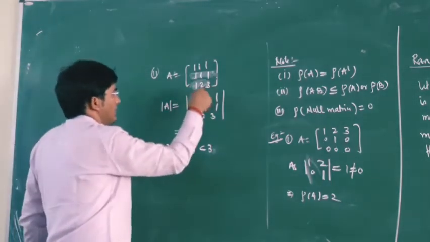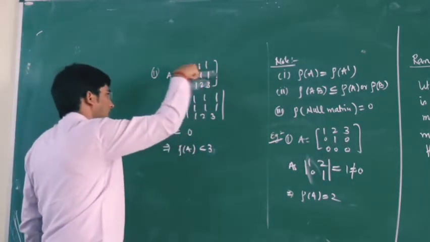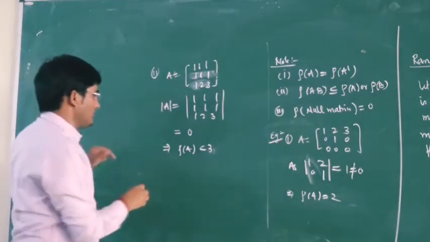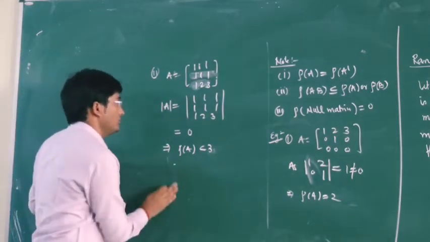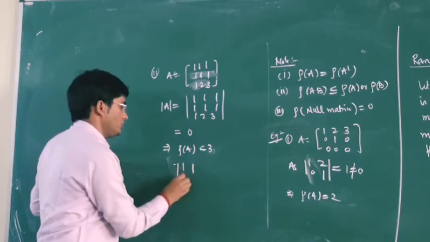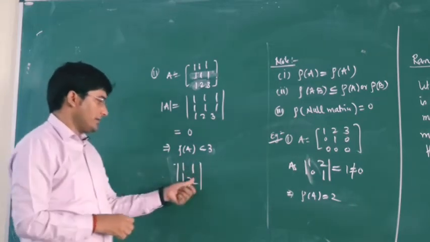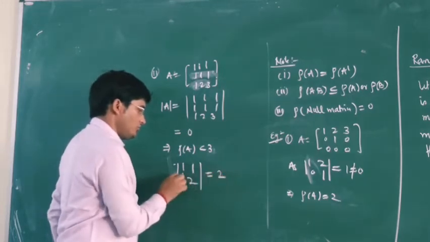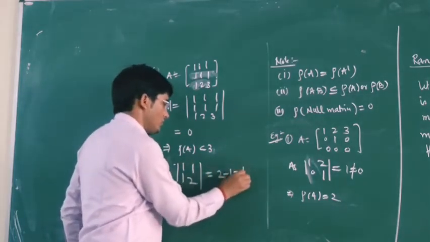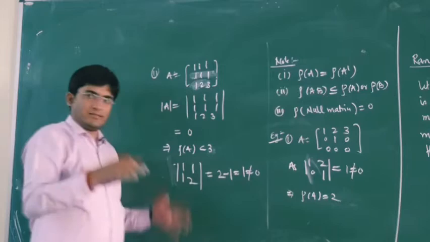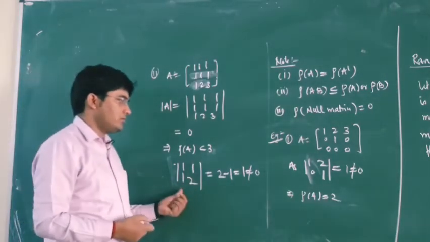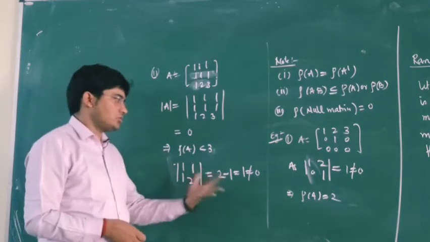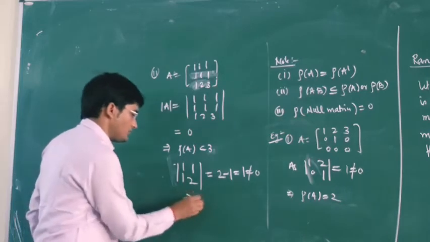Take any minor, for example, this minor 1 1 1 2. Its value is 2 minus 1, which is equal to 1 and is not equal to 0. As there exists a minor of order 2 which is non-zero, the rank of the matrix is 2.